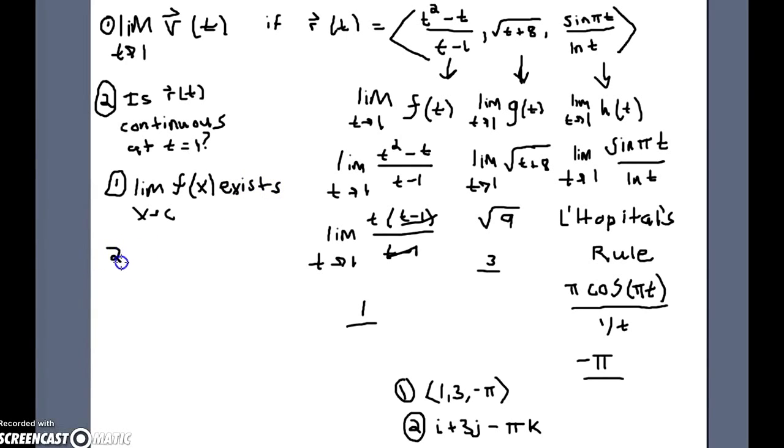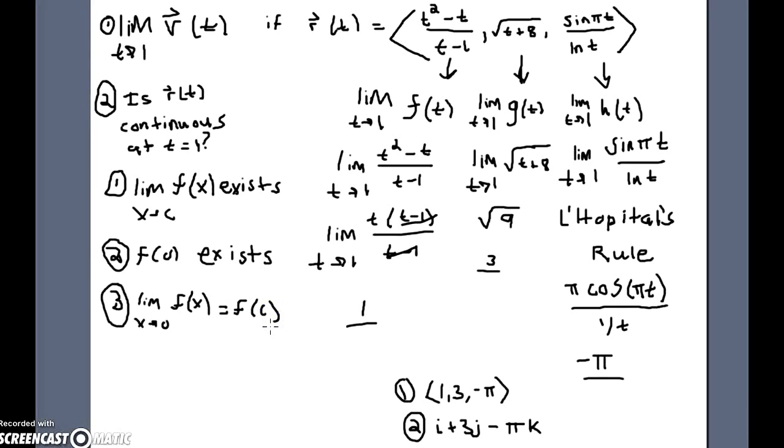The second condition is f of c exists. And lastly, the third condition, the most important of the 3, is that the limit as x approaches c of f of x equals f of c.